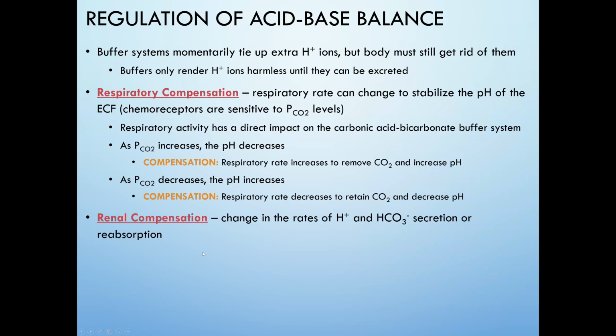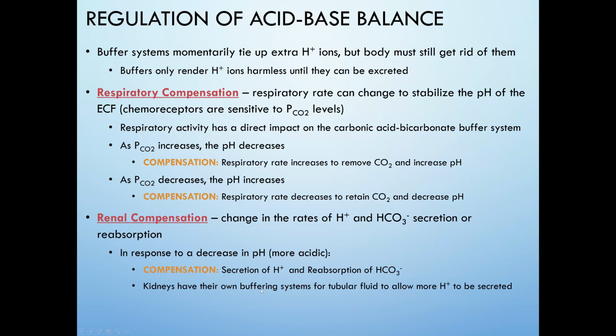And then with the renal compensation, you can change the rates of hydrogen and bicarbonate, either the secretion of these ions or the reabsorption of these ions in the nephrons of the kidney. So in response to a decrease in pH, which is a condition where you are more acidic and you have too many hydrogen ions, the kidneys can increase their secretion of hydrogen ions into the urine and increase their reabsorption of bicarbonate ions back into the blood.